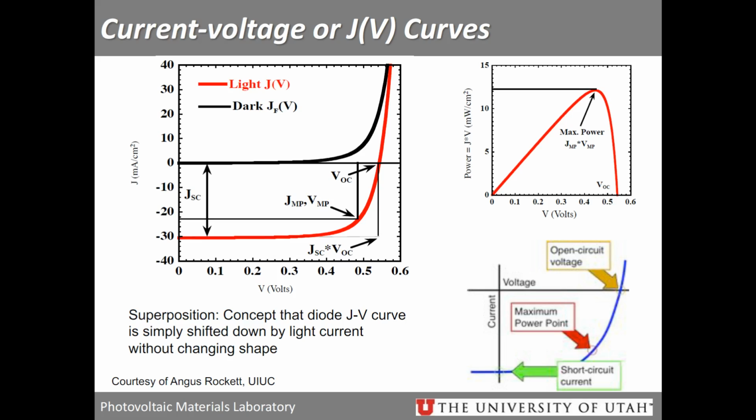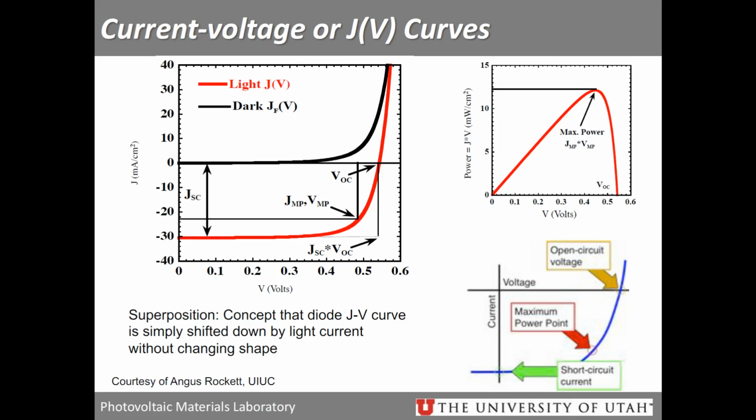Now if we translate this into a simple PV curve, the maximum power that can be achieved is somewhere in the region between the short circuit current and the open circuit voltage.